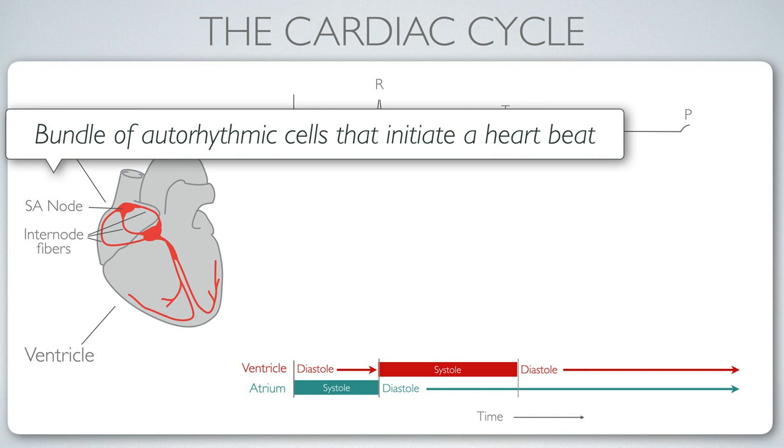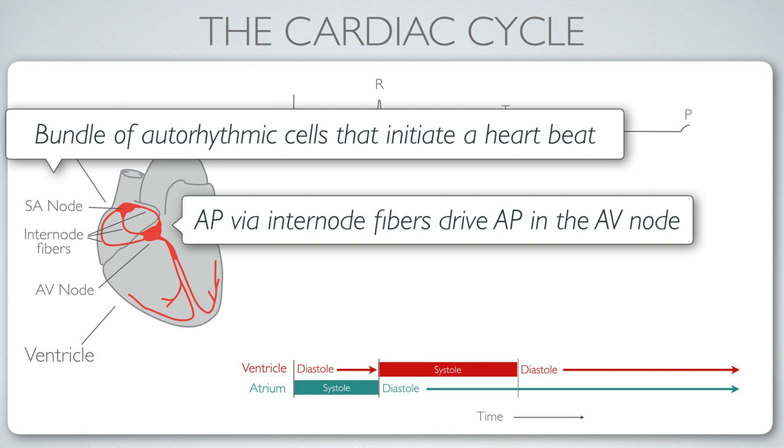The internode fibers terminate at what's called the atrioventricular node, or AV node. So the action potentials via the internode fibers drive the action potentials in the AV node.